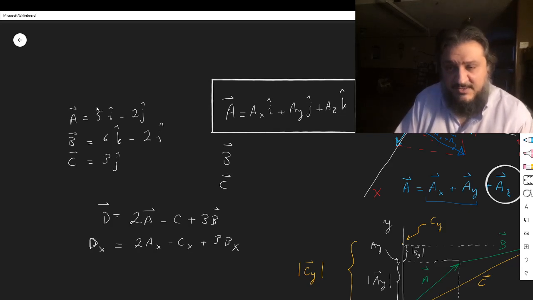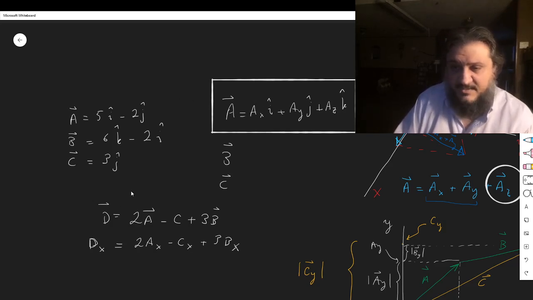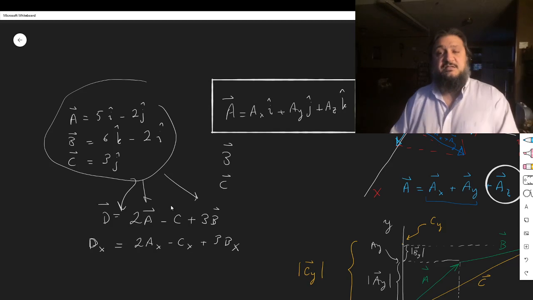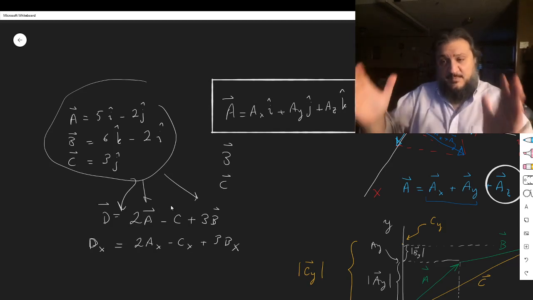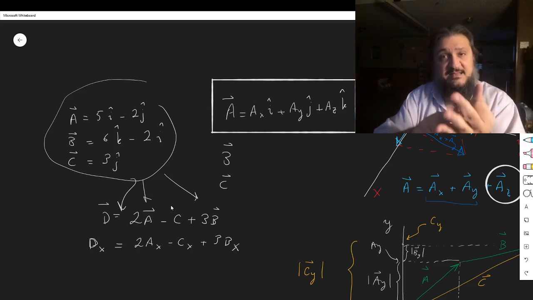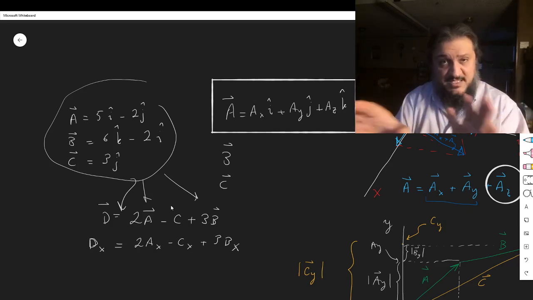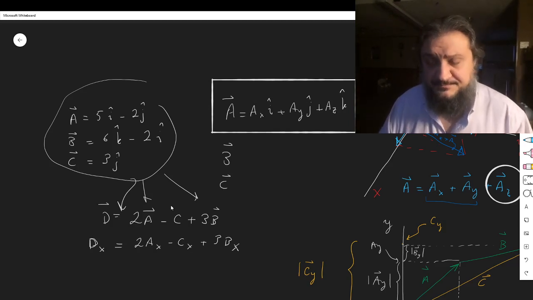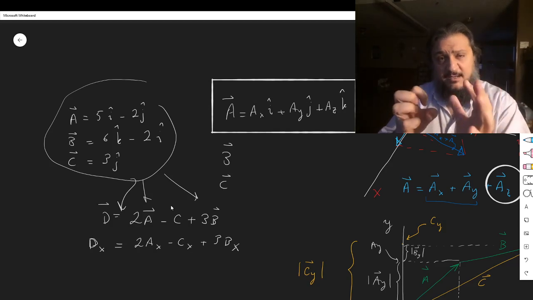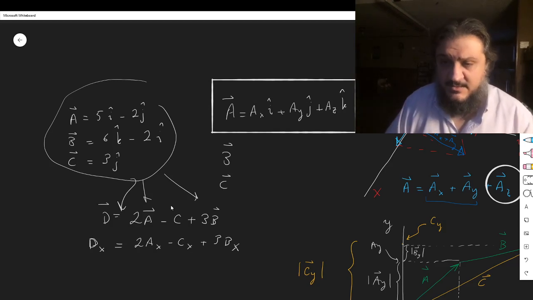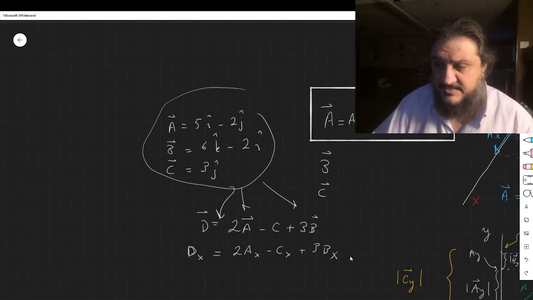You can directly plug those into that equation and find exactly what d is, but make sure you keep those placeholders, which are i, j, and k hats. Never lose them along the way. But when you're adding them, whatever is in front of i will be added to the other number in front of i hat. Okay, so in this example then, let's take care of this real quick.